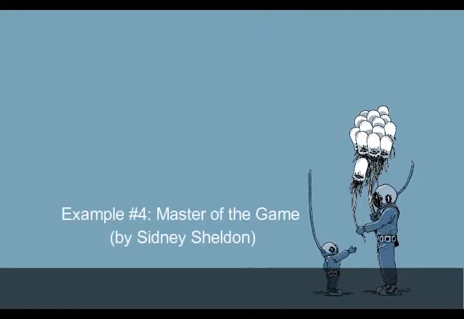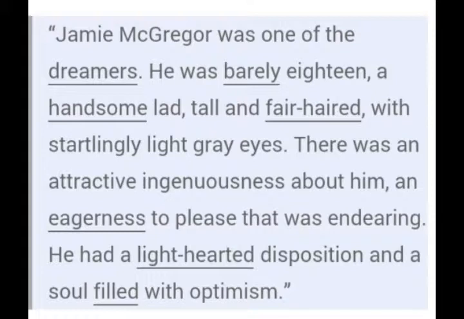Example 4. Master of the Game by Sidney Sheldon. "Jamie McGregor was one of the dreamers. He was barely 18, a handsome lad, tall, and fair-haired, with startlingly light gray eyes. There was an attractive ingenuousness about him, an eagerness to please that was endearing.